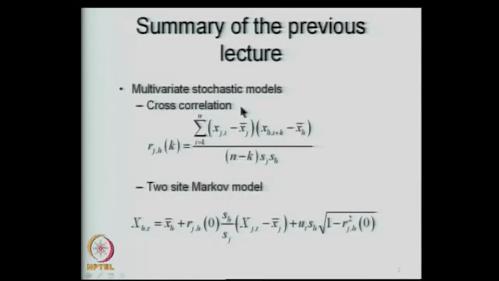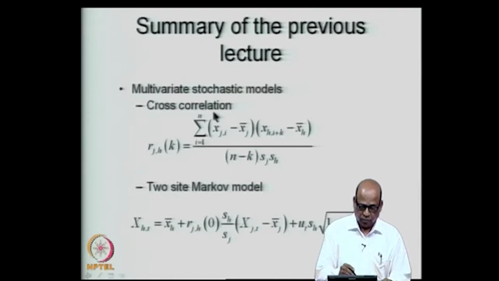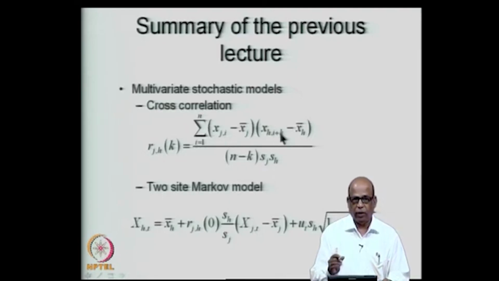Just to recall the expressions that we developed last time, first we introduced the concept of cross correlation at lag k. So, RJH is the cross correlation between the data at site j and that at site h with a lag k, and this lag k is the time lag. This is at the ith time period and this is at the i plus kth time period, where k is the time lag, and this data refers to site h and this refers to site j.